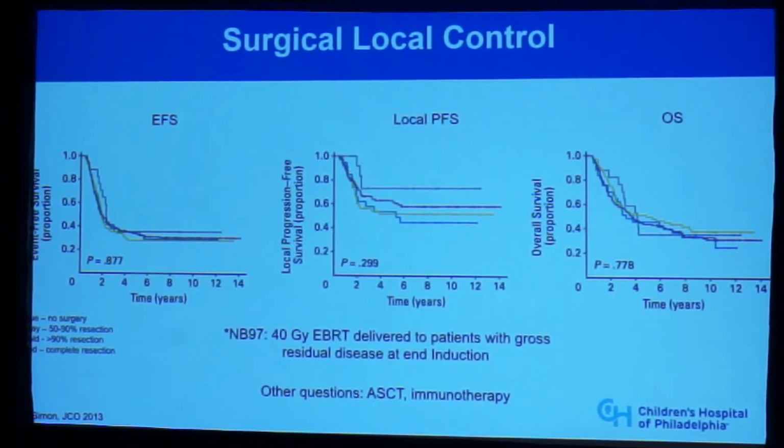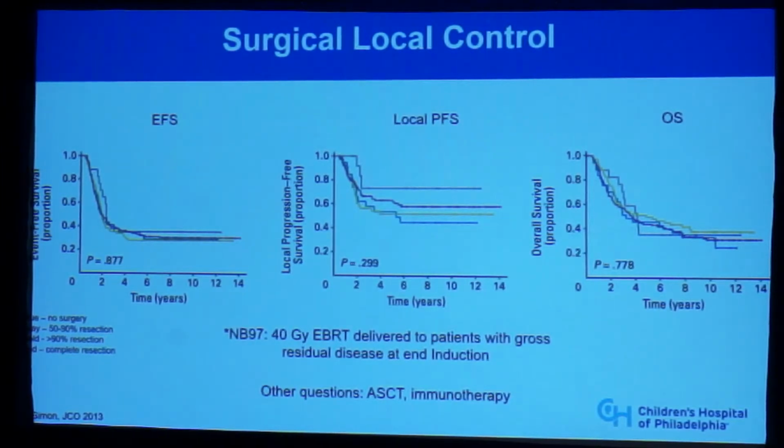What you can see here are different degrees of surgical resection: no surgery, 50 to 90% reduction, greater than 90% reduction, and complete resection. When it comes to event-free and overall survival, those curves are right on top of each other. And even when they appear to be a bit separate, there's really no statistically significant difference in local PFS with respect to the primary tumor.